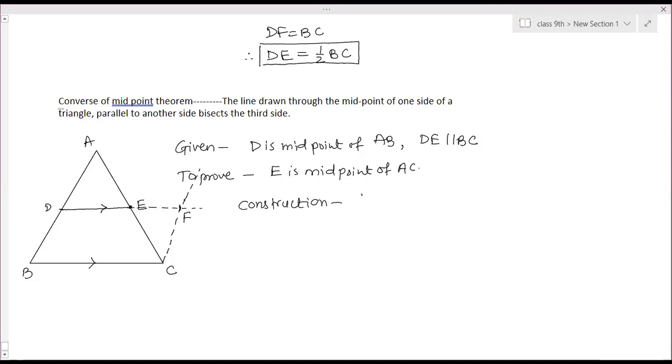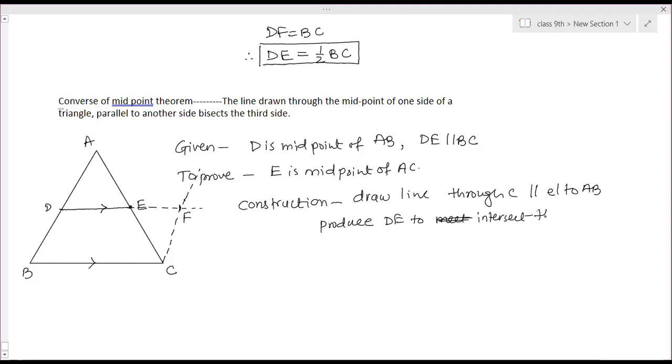Construction: draw a line through C parallel to AB. Produce DE to meet or intersect that line at F. Now proof in a similar way.